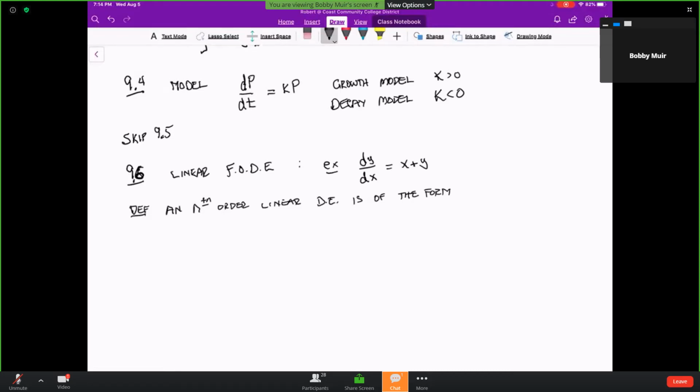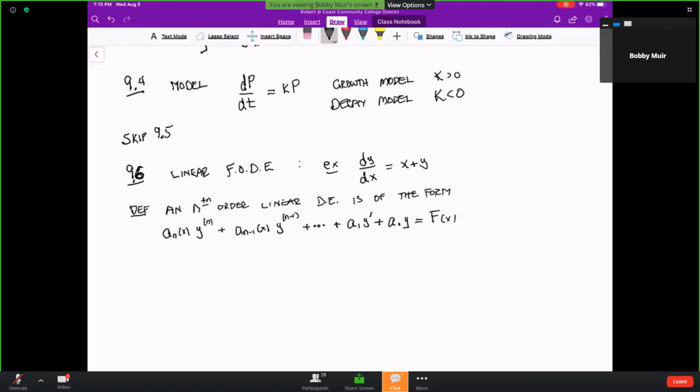Okay, so it's going to be of the form a sub n of x times the nth derivative of y, plus a sub n minus 1 of x times the n minus 1 derivative, dot dot dot, plus a1 y prime plus a0 y equals some function of x.